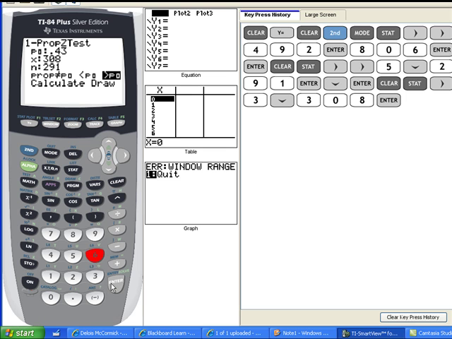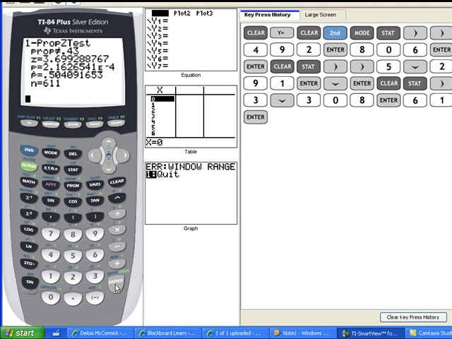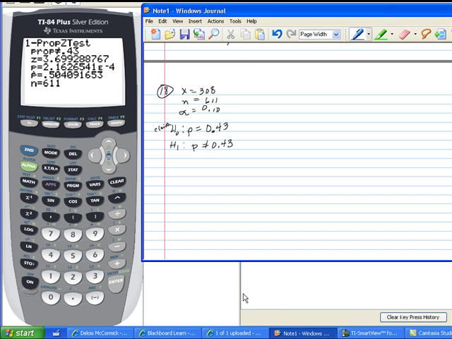All right, now I can pull my notes up here. When we look at this, we see what the test statistic is. The only thing is at this point I did not look up the critical values for 0.10.